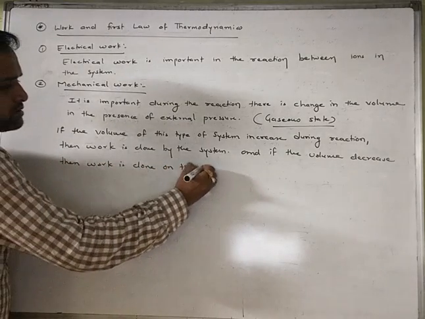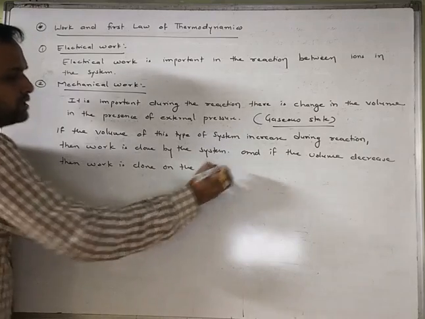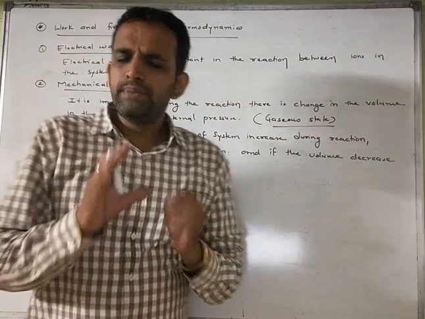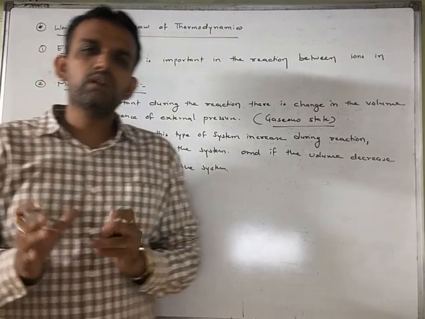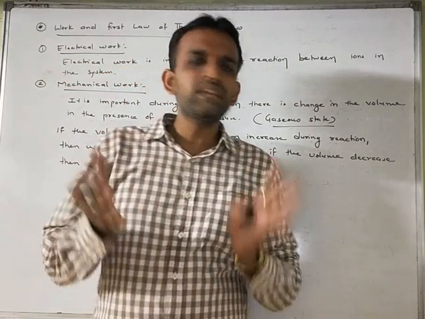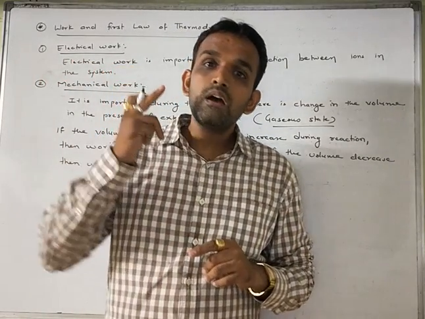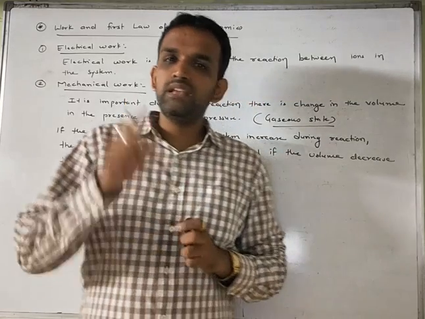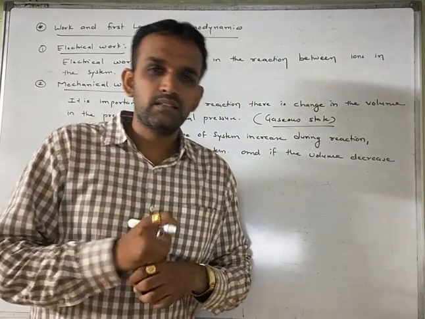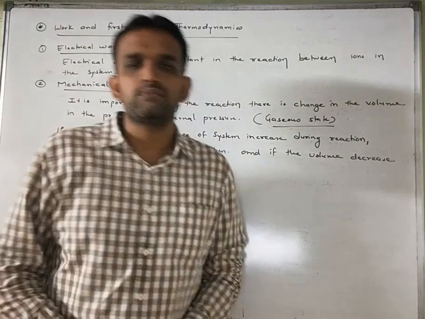अगर कोई भी सिस्टम है और अगर वो वॉल्यूम इंक्रीज करता है, तो that indicates that work is done by the system. And if the volume decreases, then the work is done on the system. Understand?